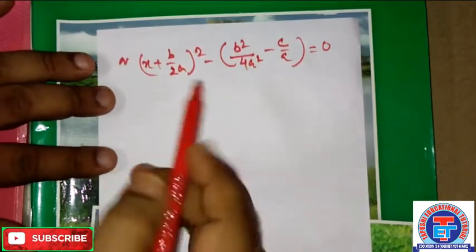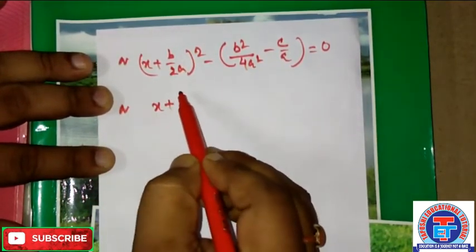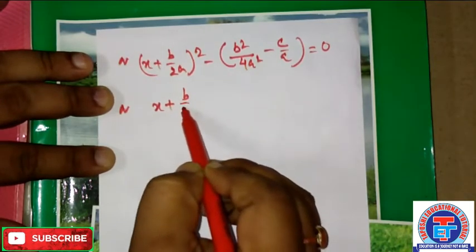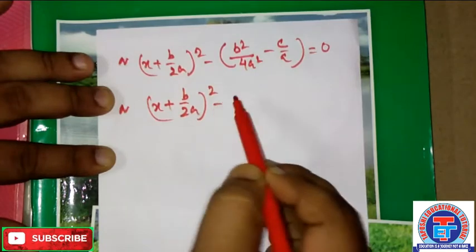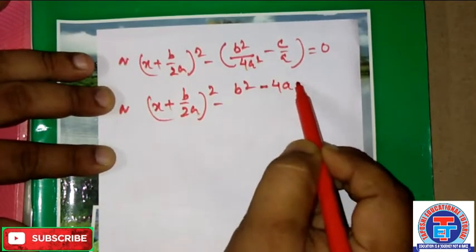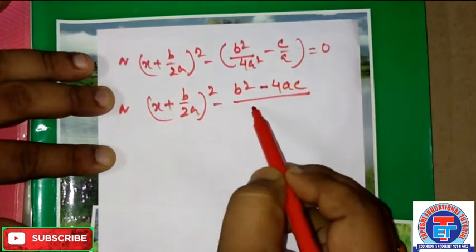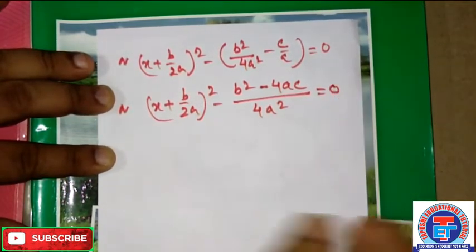Or x plus b by 2a its square minus b square minus 4ac by 4a square is equal to 0.